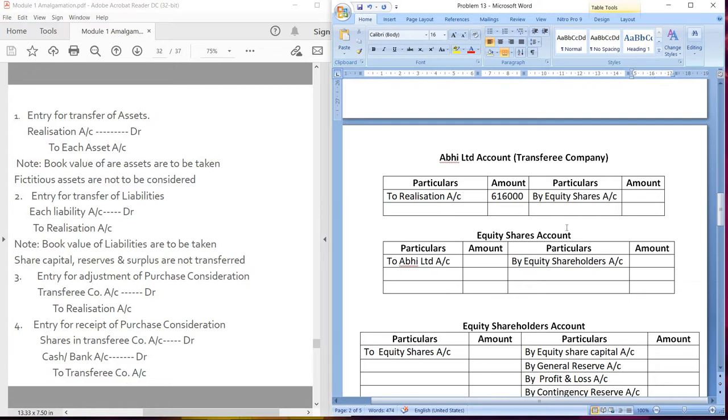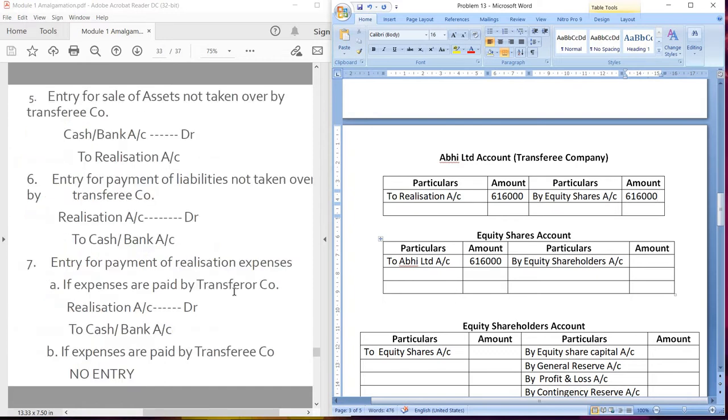So equity shares account debit to transferee company, that is Abhi Limited account. Amount is the amount of purchase consideration, 6,16,000. So same entry will be posted in transferee company account by equity shares account. Amount will be 6,16,000. Okay.